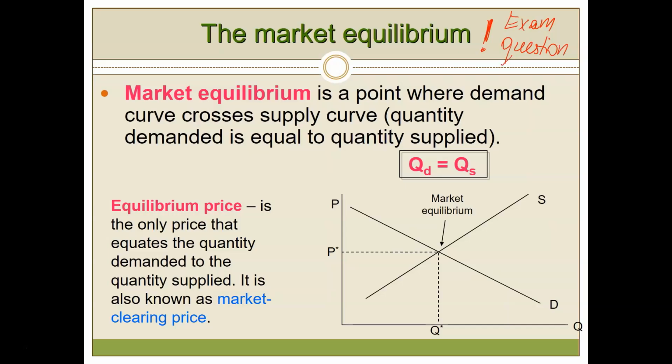Each of the students, everyone, will be asked to calculate equilibrium price and quantity based on certain formulas for demand and supply curves. You will be given equations describing demand and supply relationships in mathematical form, and you will be asked to calculate price and quantity. Each of the students will get this question, and this question will be worth 2 or 3 marks.